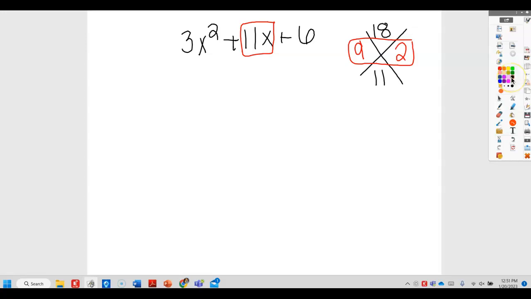So this is going to become 3x squared plus 9x plus 2x. So you're replacing the 11x with 9 and 2. By definition, if you had to combine like terms, is 9x plus 2x 11x? Have I algebraically changed this problem? No. All I did was manipulate it.